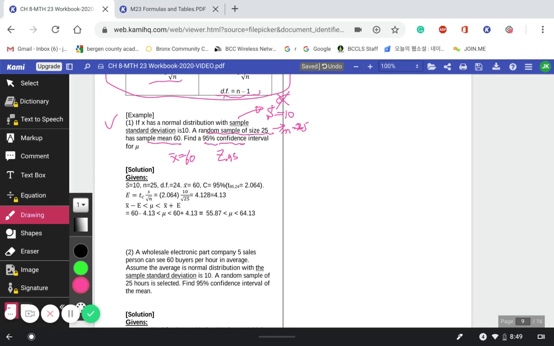Now, again, how do you find the E value? You have to use t in this case, because the sample standard deviation is given, not the population standard deviation.